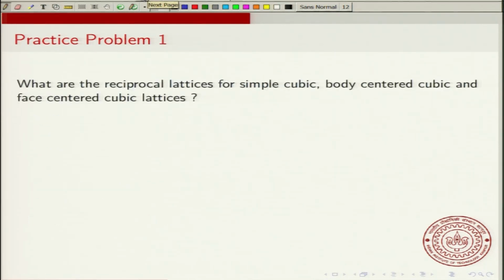So, the first problem asks what are the reciprocal lattices for simple cubic, body centered cubic and face centered cubic lattices. To do this, let us first take the simple cubic. So, A1 is equal to A times i, if A is the side of the cube.